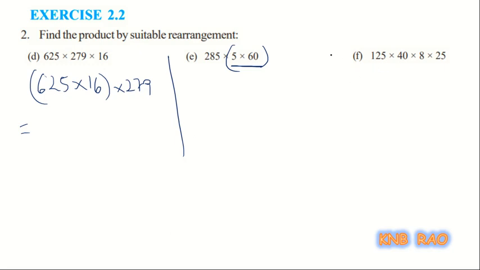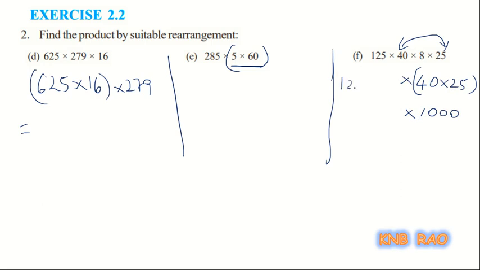Here in question number F, similarly children, multiply 40 and 25 first. Why 40 and 25? It is because 25 and 40 if I multiply, it gives me a number ending in zeros. At the same time it gives me 25 4s 100, 100 and one more 0, 1000 it is.